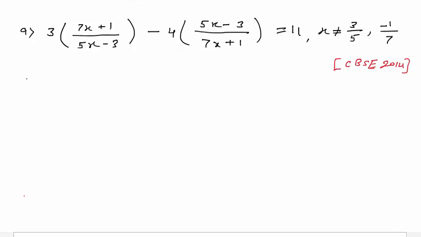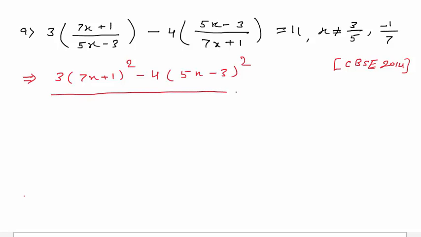So cross multiplication will give me 3 times (7x plus 1) the whole square minus 4 times (5x minus 3) the whole square, whole divided by (5x minus 3) into (7x plus 1), is equal to 11. Now we open this bracket.